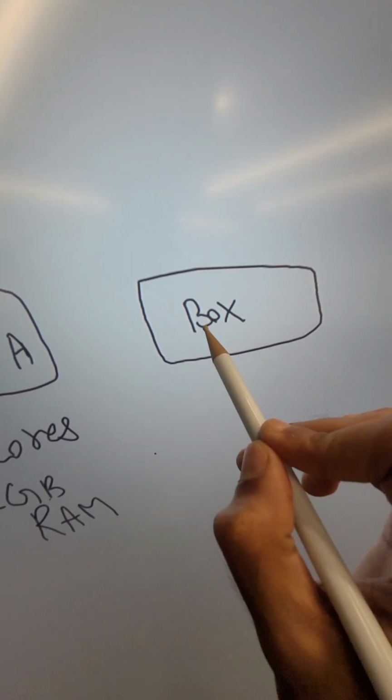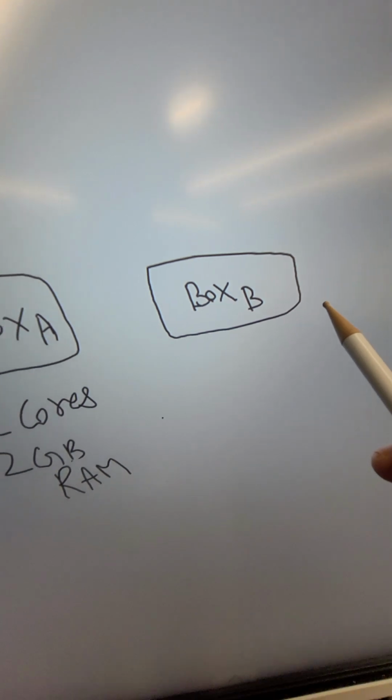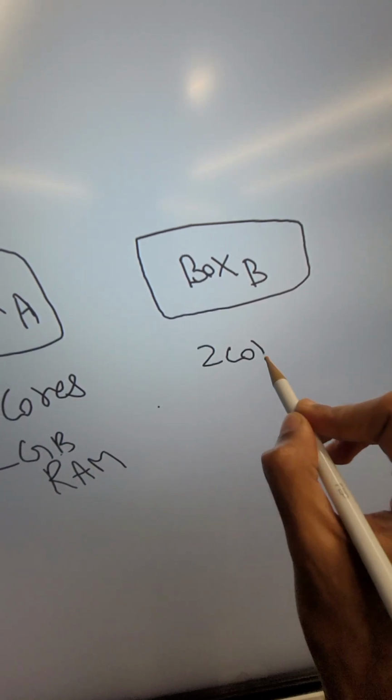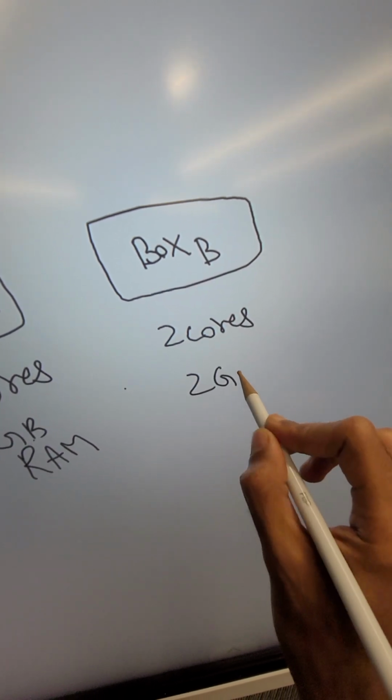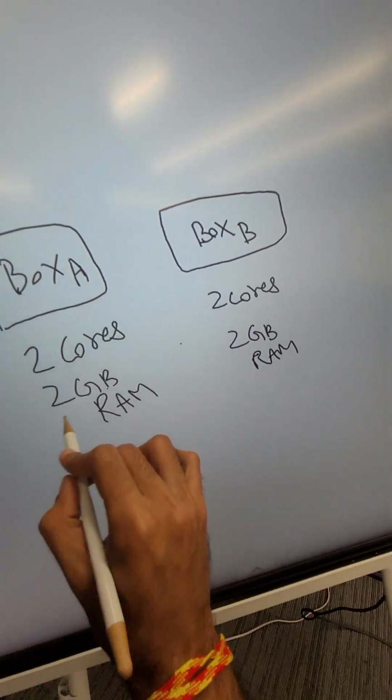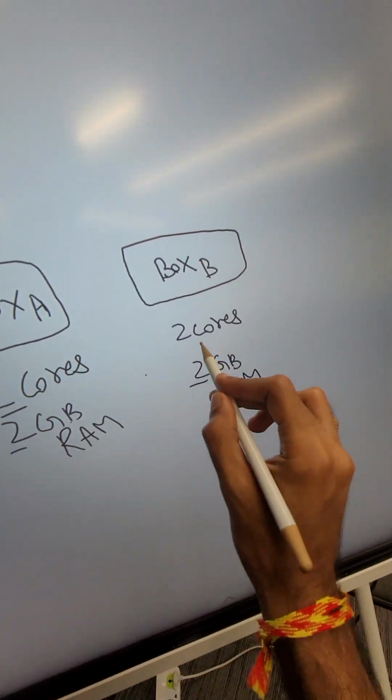Mostly the same size is what people do. I don't know if bigger size makes sense. So now you put 2 cores, 2 GB RAM. Now you totally have 4 cores, 4 GB RAM.